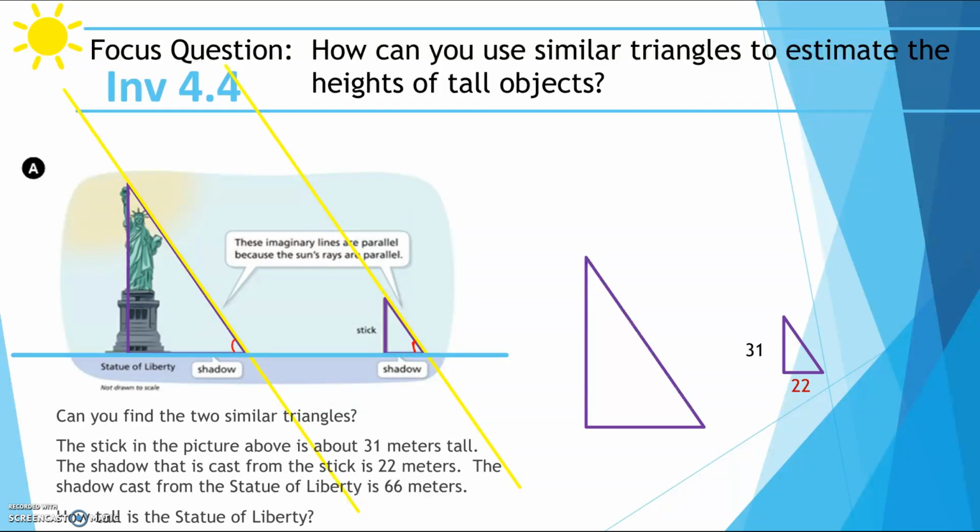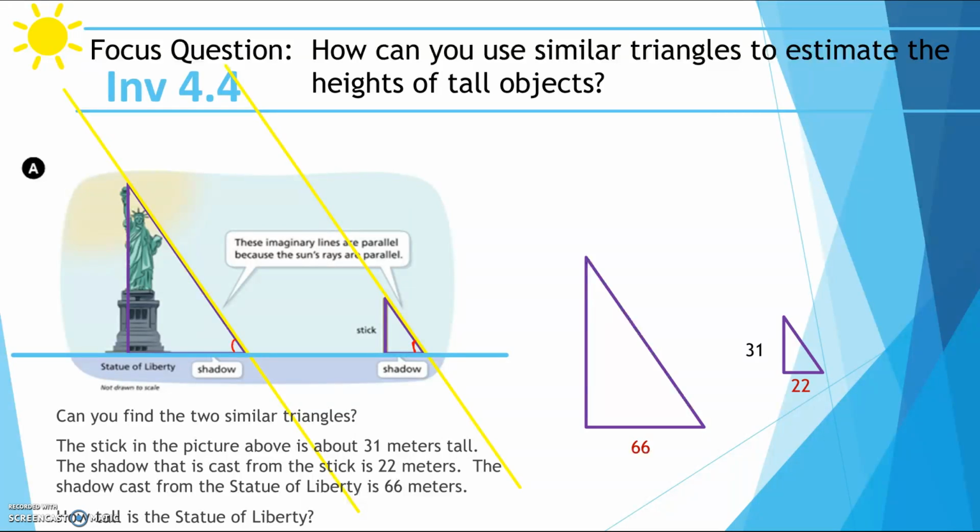The shadow cast from the Statue of Liberty is 66 meters. So remember, the larger right triangle is representing the Statue of Liberty. The shadow created is the base of the larger right triangle. We'll label that as 66. So these two right triangles are in fact similar.